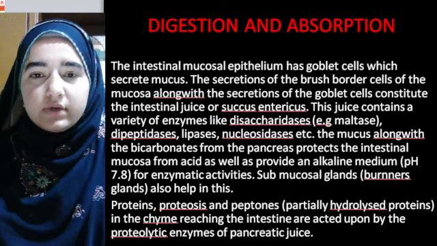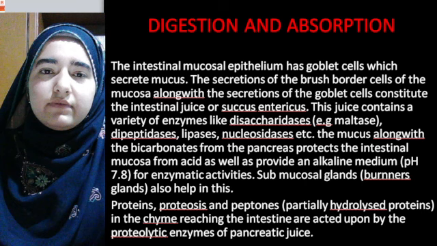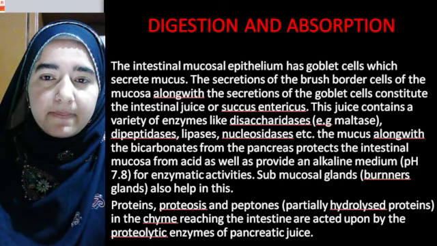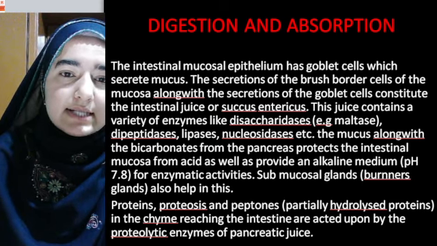Moving forward. As I already mentioned in our previous session, we have goblet cells in our intestine which secrete mucus, and the secretions of these goblet cells constitute intestinal juice, or succus entericus.